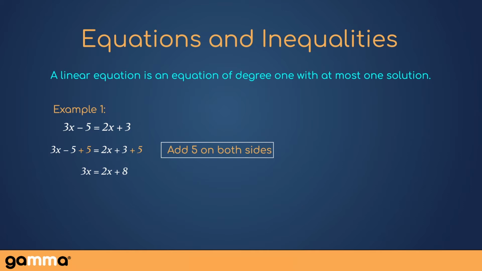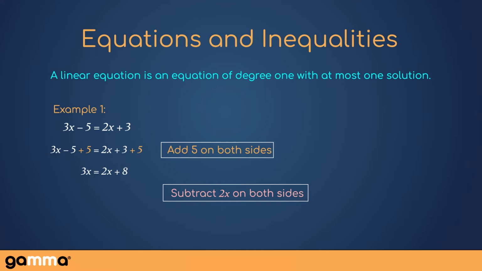Now, from here, we need to take the x terms and put them on one side of the equal sign. So all the terms with an x must be on one side. This means we need to take the 2x to the other side. To do that, we subtract 2x on both sides. Remember, what you do on one side, you also do on the other side.